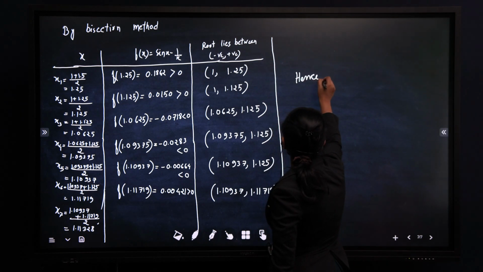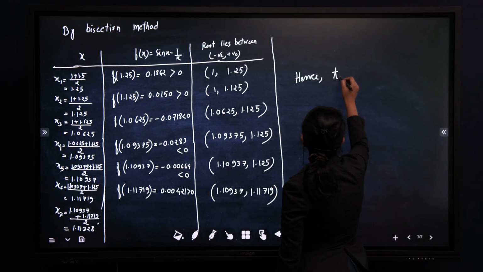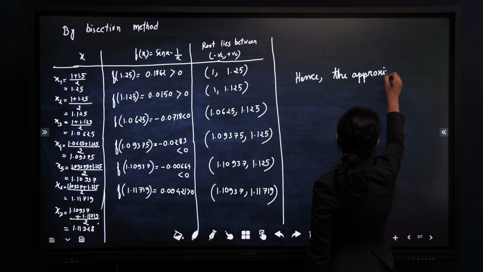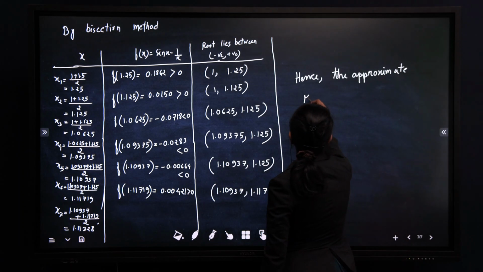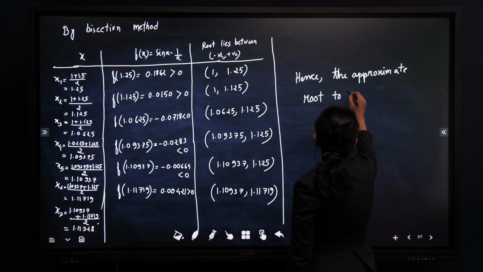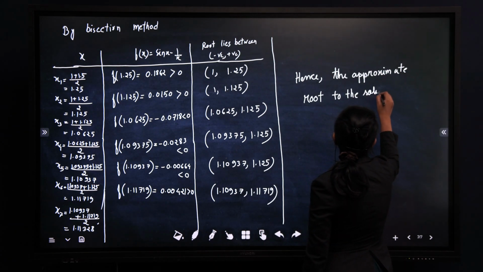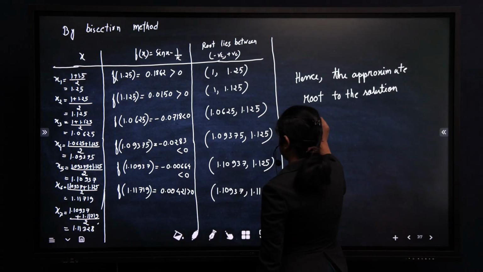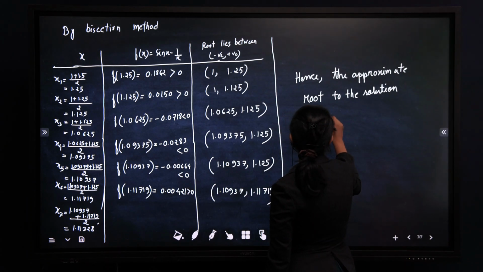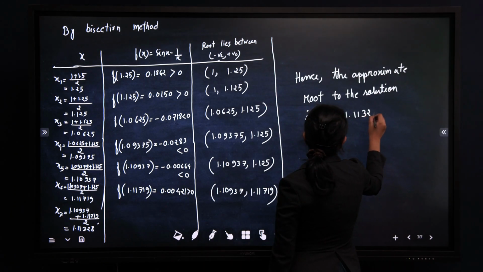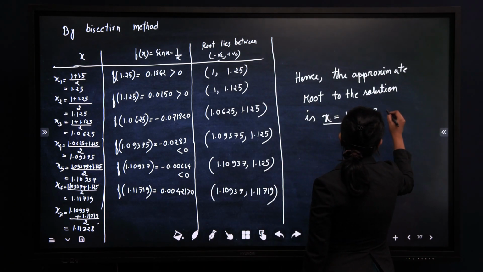Hence the approximate root to the solution is x equal to 1.11328 up to 7 stage.